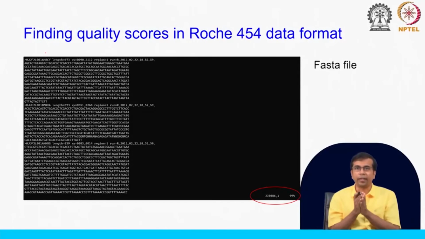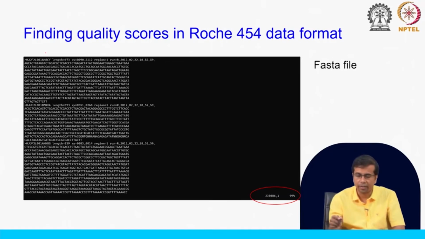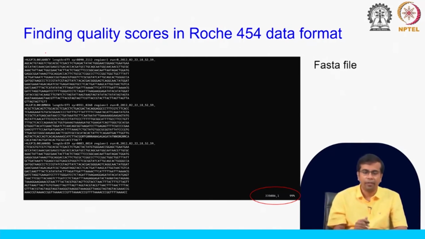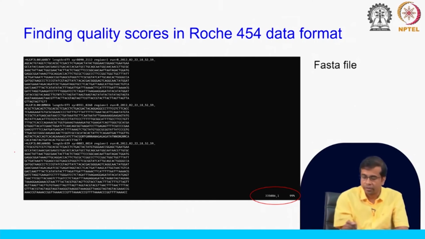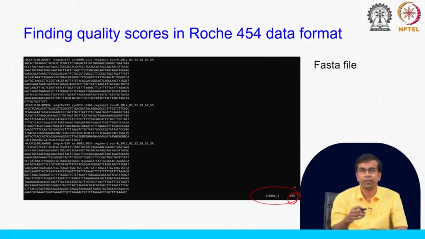Here is an example. You see here, this is the sequence file in FASTA format, where you have the read data and probably you have reached about 99%. This is towards the end of that file, shown in a Unix terminal. It shows you the percentage of the file that you have already covered. So, we have covered already 99% of the file.